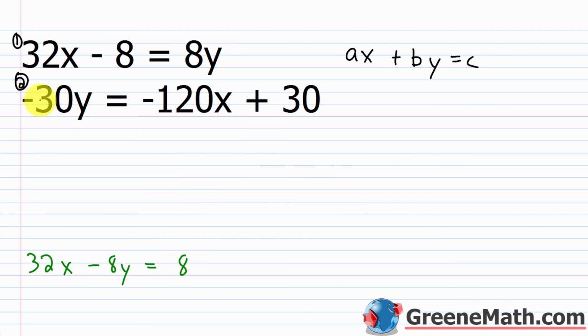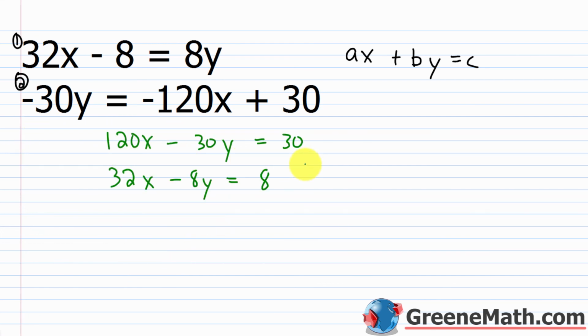Then for equation 2, all I need to do is add 120x to each side of the equation. I will have 120x minus 30y is equal to 30. All right. So this one's a little more tedious, and I would just choose the smaller coefficients here.